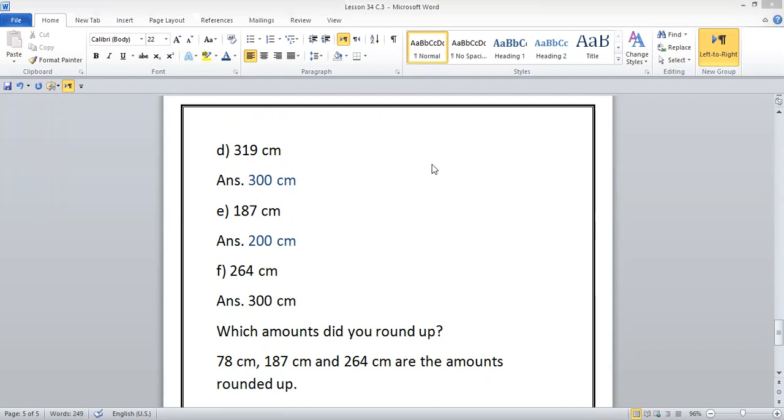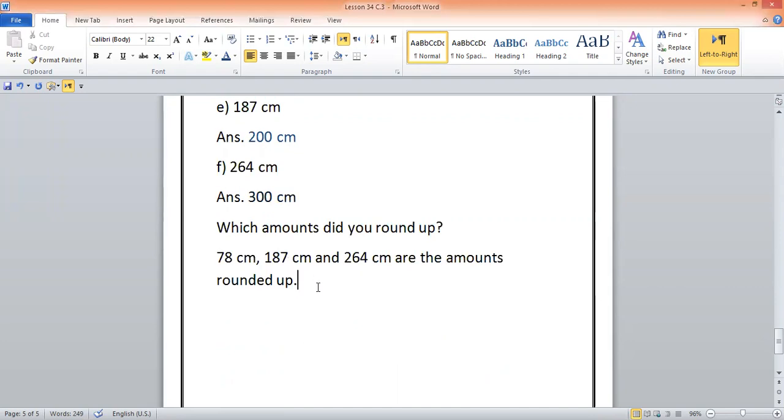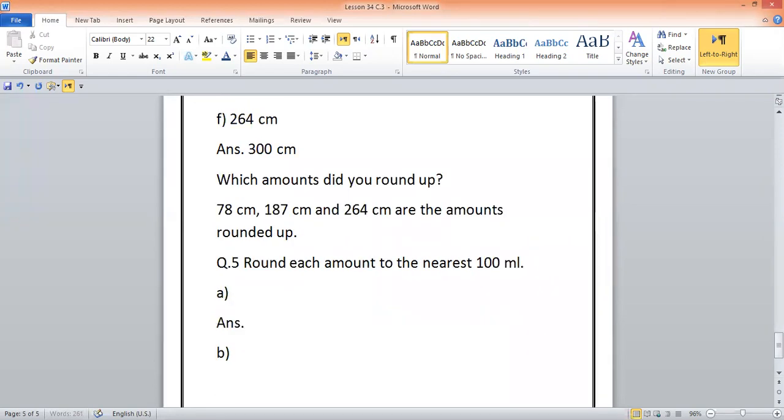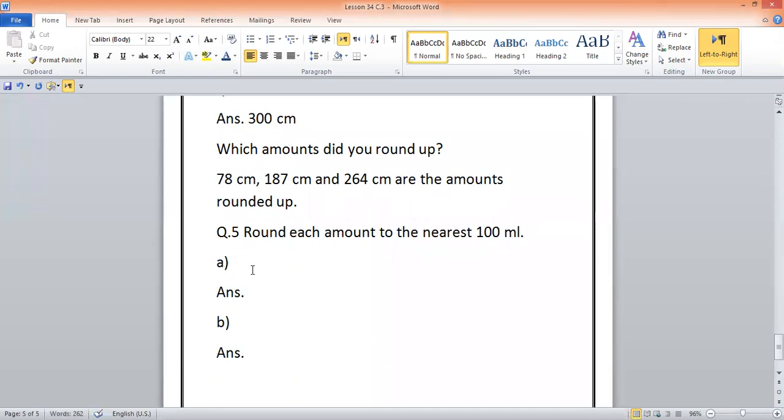I'm going to write question number 5 here now. Question number 5. What is question number 5? Round each amount to the nearest 100 ml. Okay, A. Now you have to round off to the nearest 100 ml.